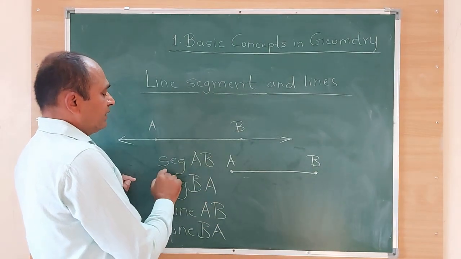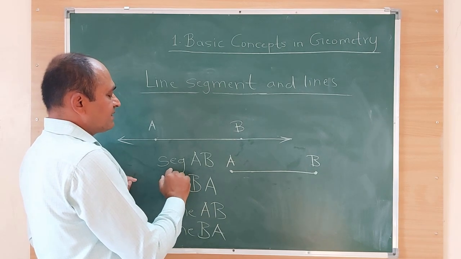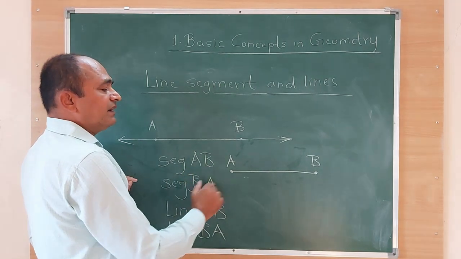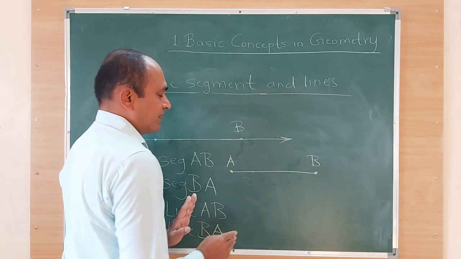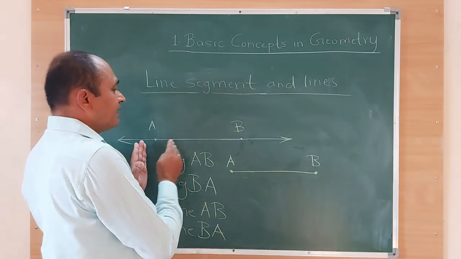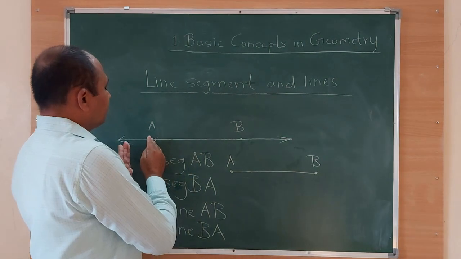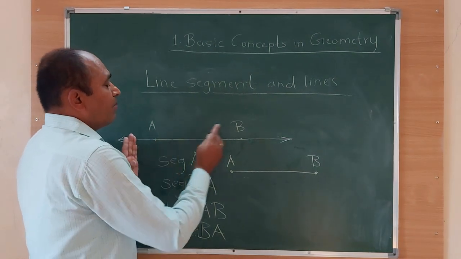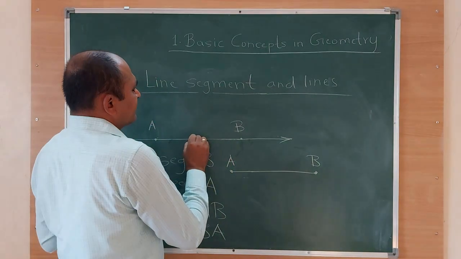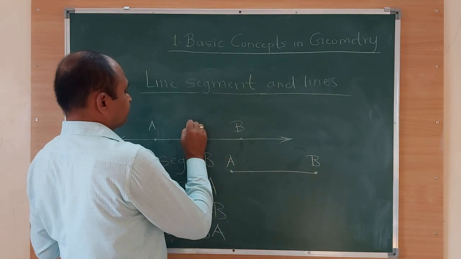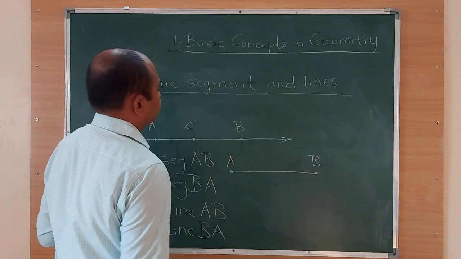Now how to name a segment? I told you it is designated in short form as seg AB or seg BA. We can name the segment by its 2 endpoints. And line, while naming a line, we can name a line by any 2 points present on that line. Suppose one third point is there, C, and it is here.